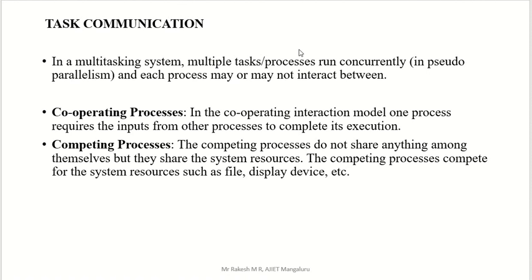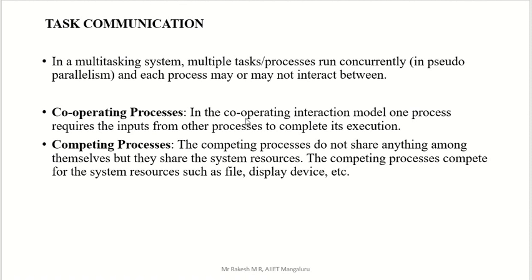So if two or more processes run parallelly, then a communication is required between those processes. We have two types of process here. One is a cooperating process, another one is a competing process, which is also called an independent process.